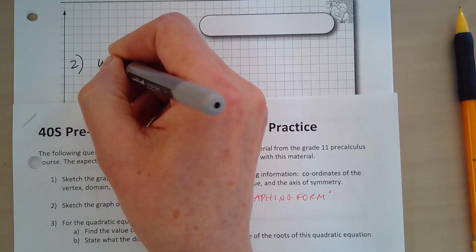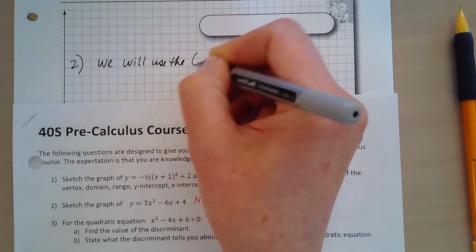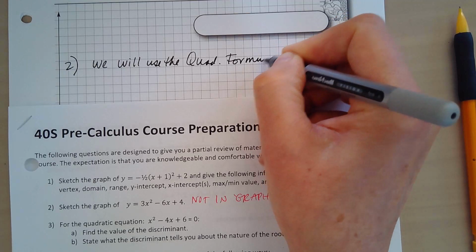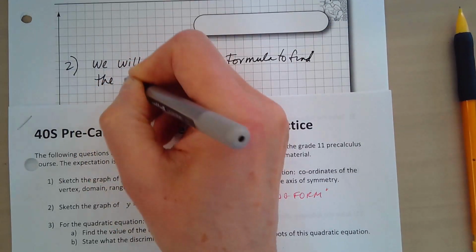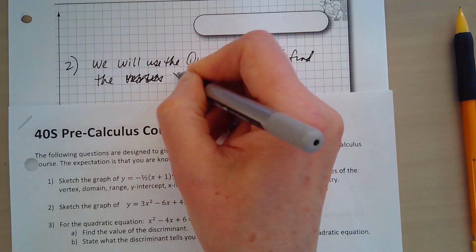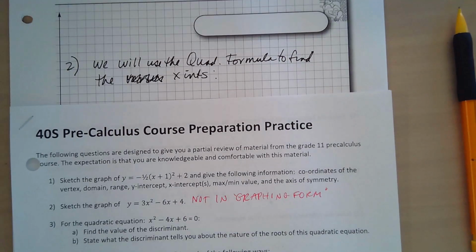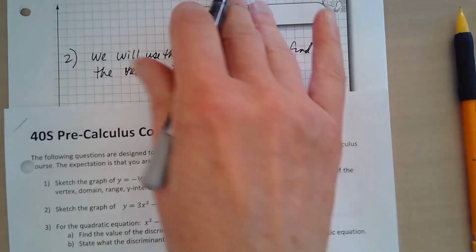Okay, so we will use the quadratic formula to find the x-intercepts. Spencer, you just asked me, I think they've started giving me the quadratic formula on the pre-cal sheet.